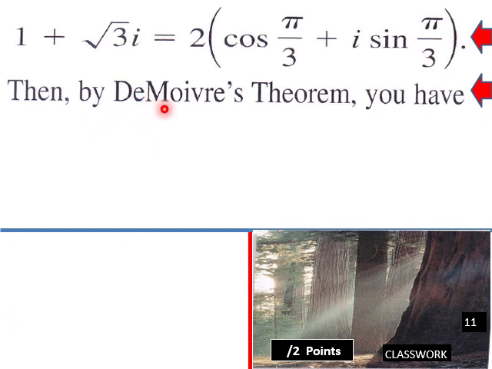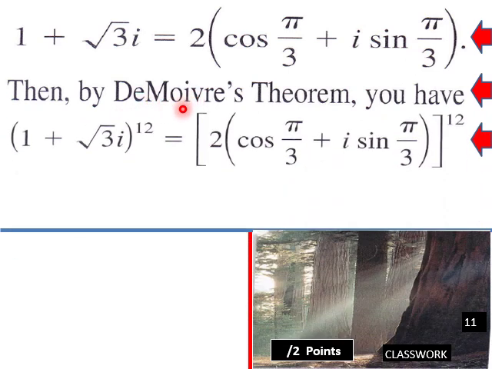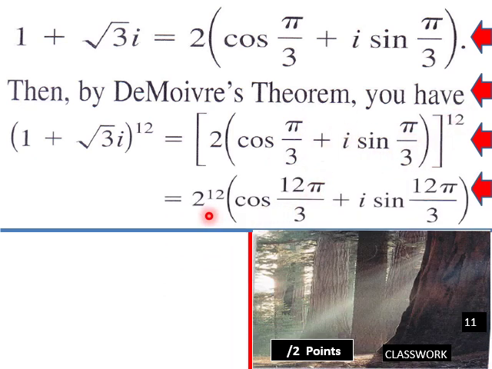Then by de Moivre's theorem, you have (1 plus radical 3 i) to the 12th power. Now we know our power is 12, so we have 2 times (cosine pi over 3 plus i sine pi over 3) to the 12th power. Once we have that, we have 2 to the 12th times (cosine 12 pi over 3 plus i sine 12 pi over 3).